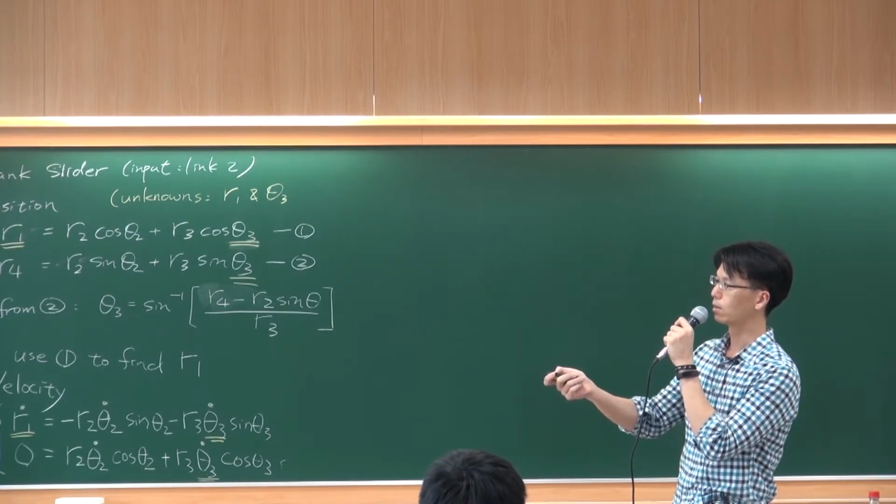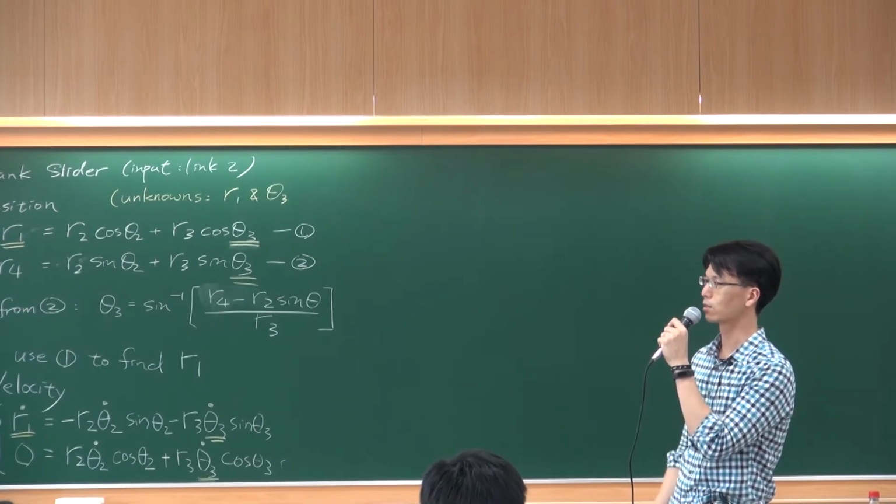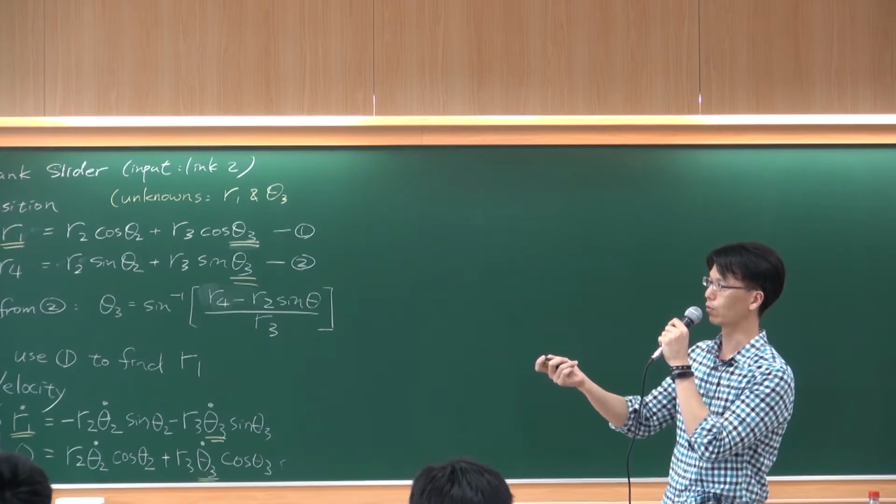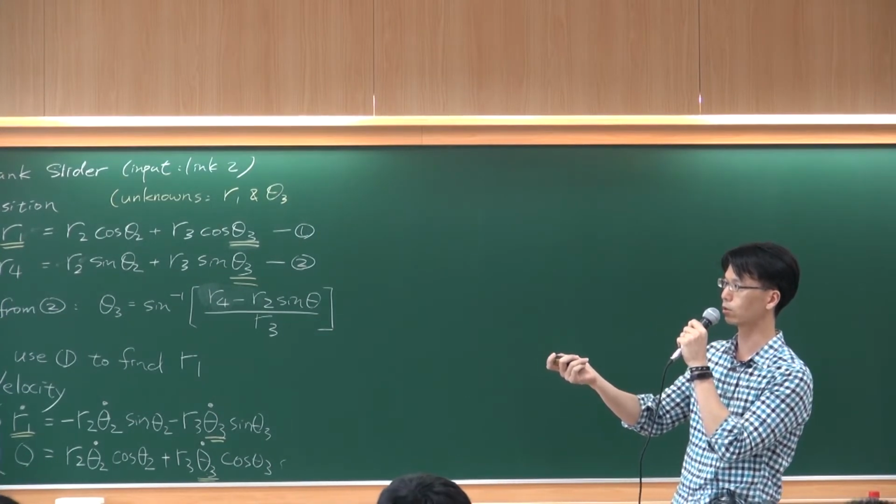Initially you will see a certain mechanism, and the first thing we do is draw what we call a vector loop or vector closure.